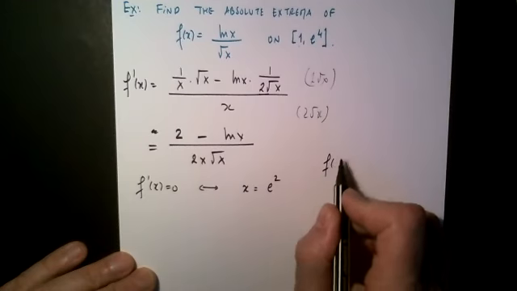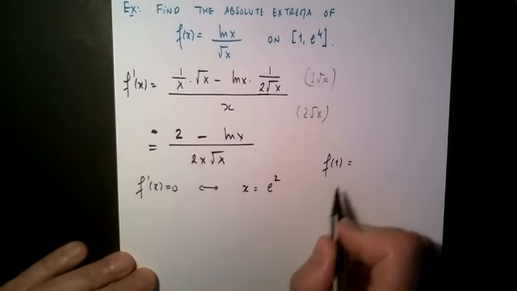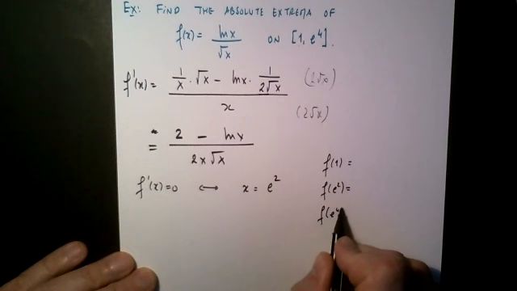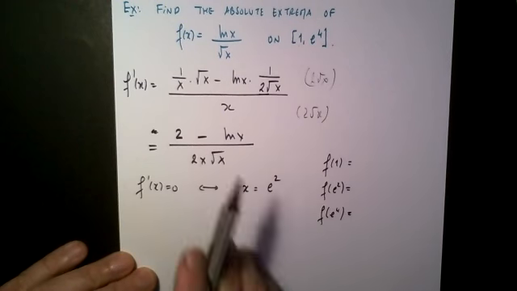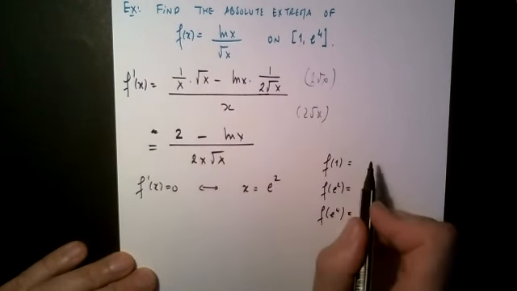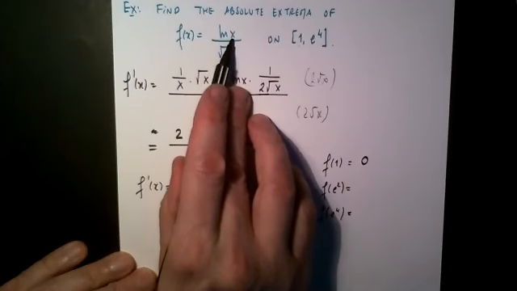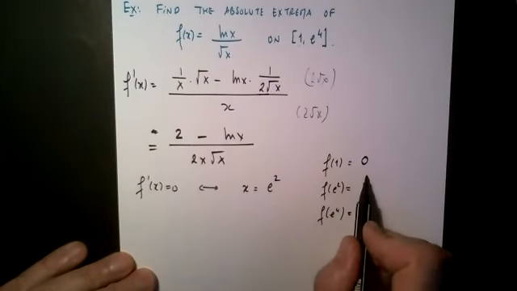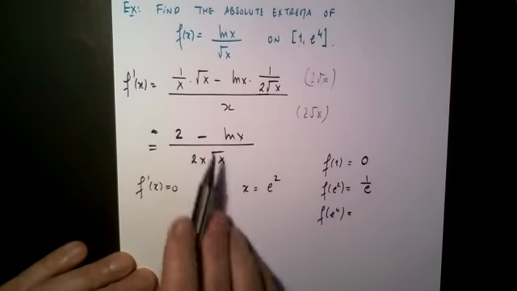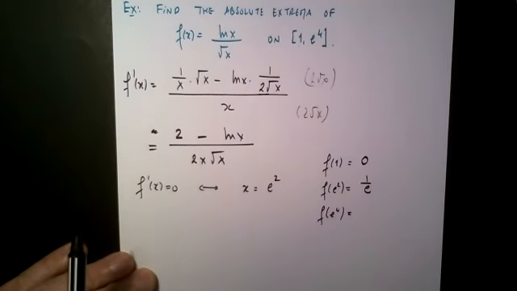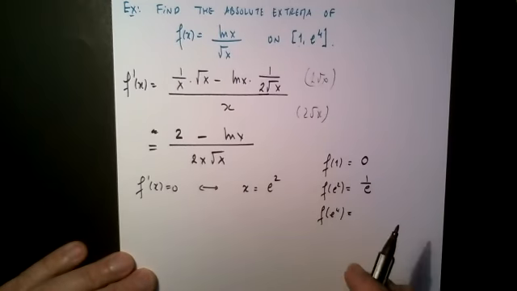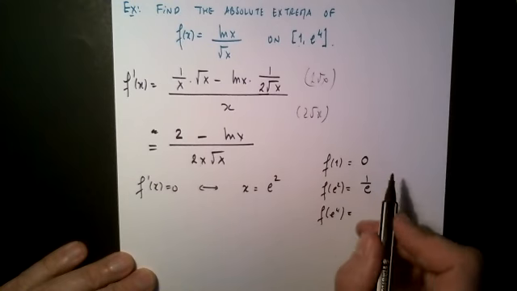Now I just need to verify the value of the function at the 3 values: f of 1, f of e to the 2, and f of e to the 4. f of 1, you get 0. f of e to the 2 is, sorry, not 1 over e, it's 2 over e.